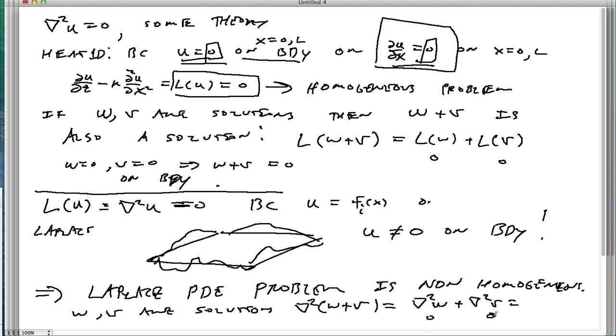That's 0 and that's 0. But the problem is W plus V is not going to have the same boundary condition. Well, it'll actually be 2 times the original boundary condition. All right, and so W plus V does not solve the PDE with boundary condition. So we don't have that nice linearity property or that superposition property.